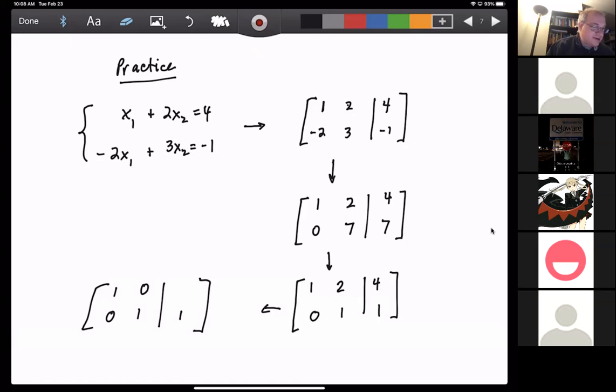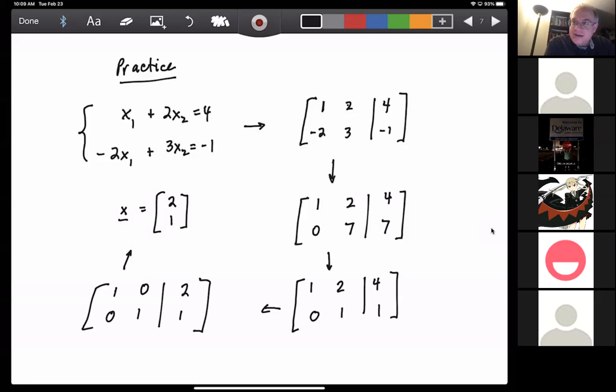Add it to 2, I get my 0. 1 times -2 is -2. I add it to the 4, I get 2. And I'm now in RREF, reduced row echelon form. And what is my solution? Well, x1 is equal to 2, x2 is equal to 1. And if we try plugging this back into our original system, it's clear that it in fact does work.